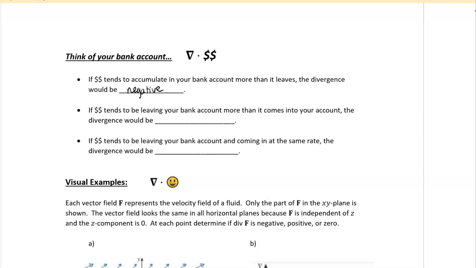However, if money tends to be leaving your bank account more than it comes into your account, the divergence, we would say, is positive. That flow out is greater than the flow in. We definitely want our bank accounts to be sinks, folks. If money tends to be leaving your bank account and coming in at the same rate, the divergence would be 0.